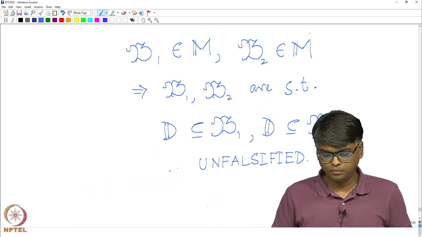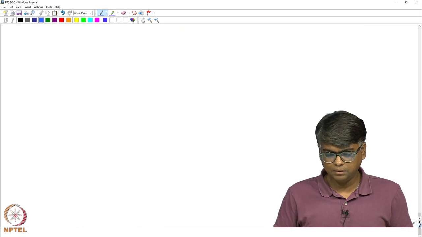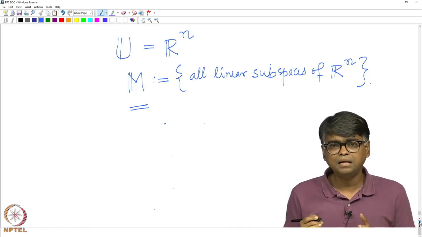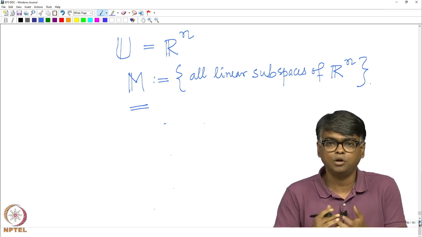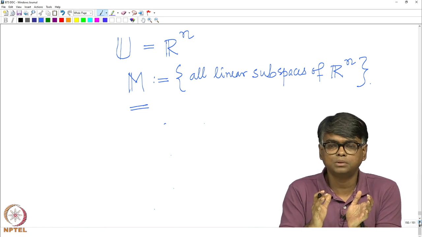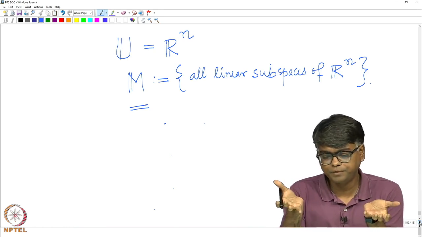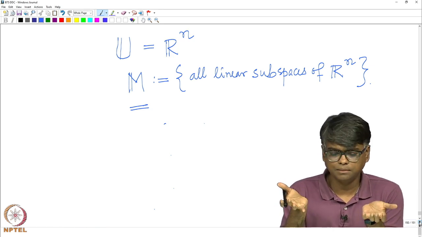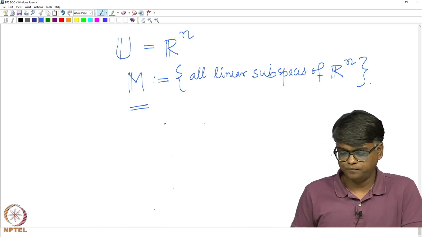Here also you see that given R n, you look at all possible subsets of R n, that is the power set. In that you put this extra restriction that these subsets cannot be arbitrary, they must be subspaces, which means they are closed under addition and closed under scalar multiplication from R. Those are linear subspaces. So, these linear subspaces are the ones that we are considering as our model class.